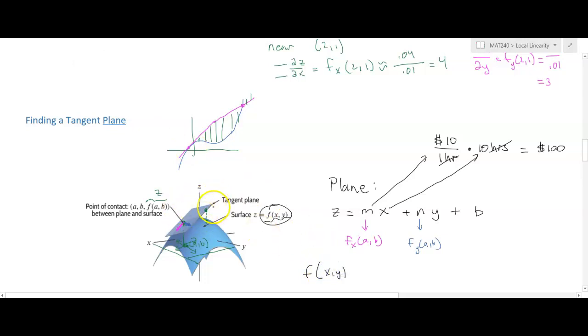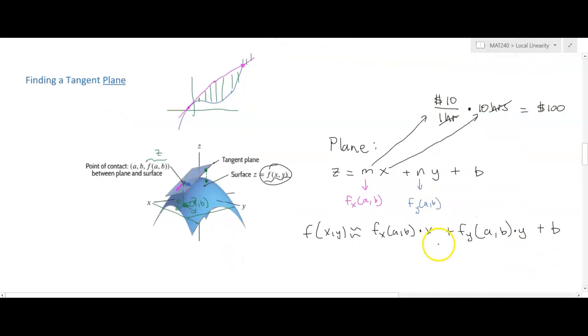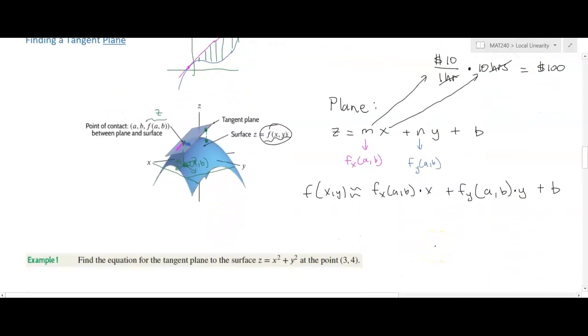Basically we could approximate it anywhere, but the further away from that location that we get, like we saw here, we're going to aggregate a lot more error. So we can just say that f of x, y is approximately equal to the equation of the plane near that point: f sub x at a, b times x plus f sub y at a, b multiplied by y plus some z-intercept. And that's how we're going to write the equation of the plane.